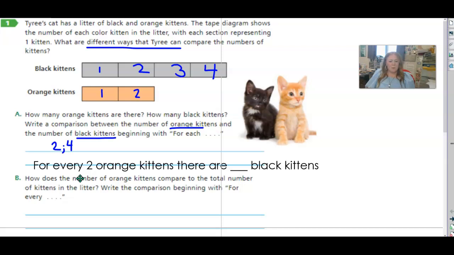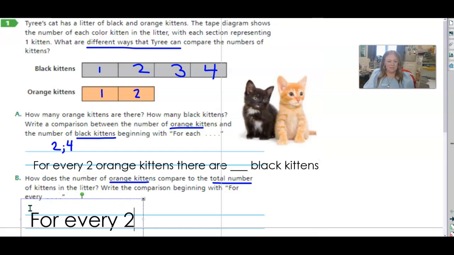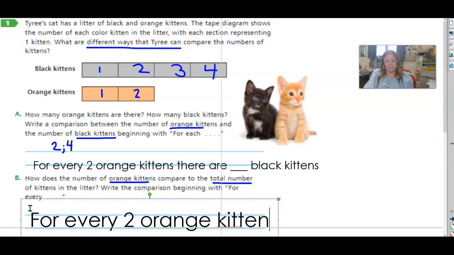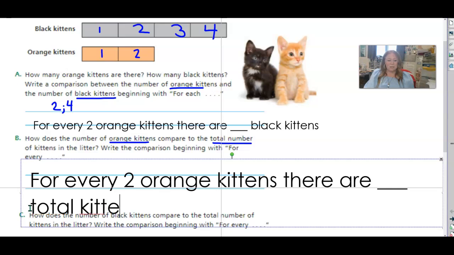So how does the number of orange kittens compare to the total number of kittens? So this time it wants us to do orange compared to the total. So we're starting with for every 2 orange kittens, there are blank total kittens.